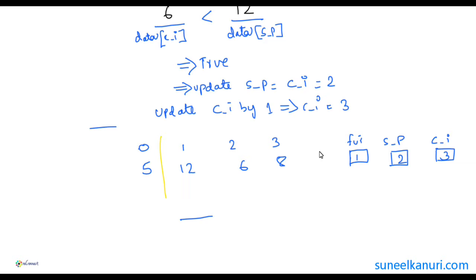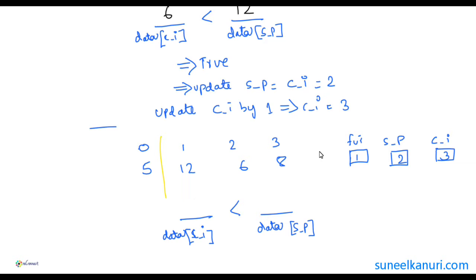So write down our little formula again. Data of C_I. And what's our current index pointing to?